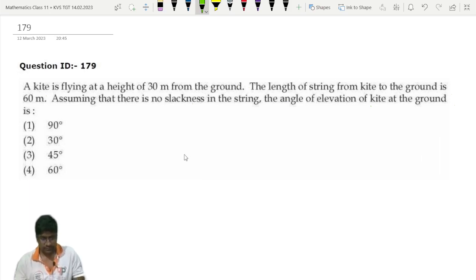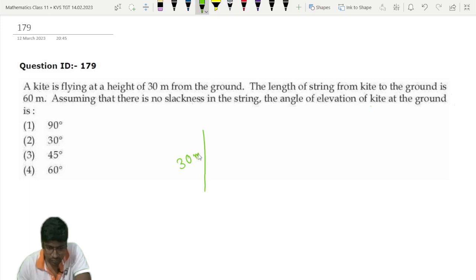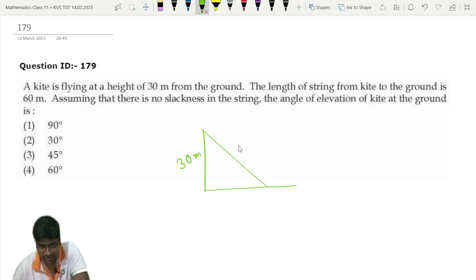That means the kite is at a height of 30 meter from the ground, so this is 30 meter, and the length of the string from the kite to the ground is 60 meter. That means this is 60 meter.